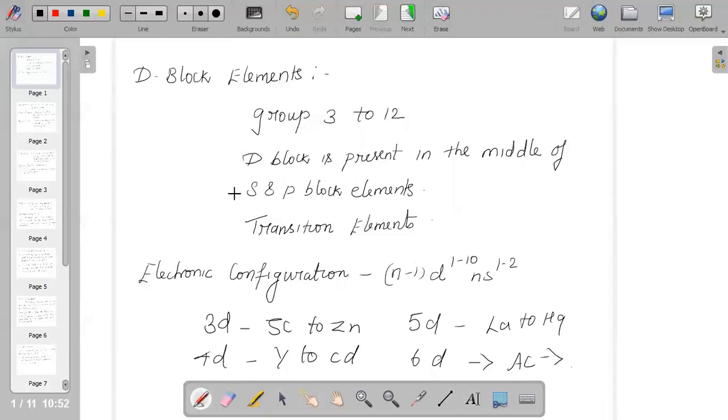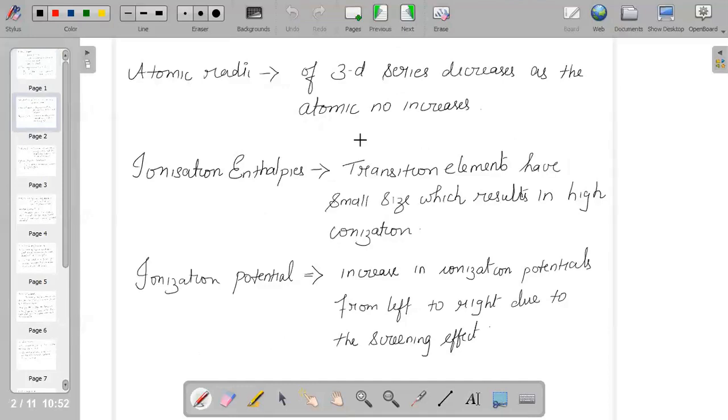So this is the location and description of the D block elements in the periodic table. When we are studying a block of elements, there is always a comparison of properties like atomic radii and ionization enthalpy.